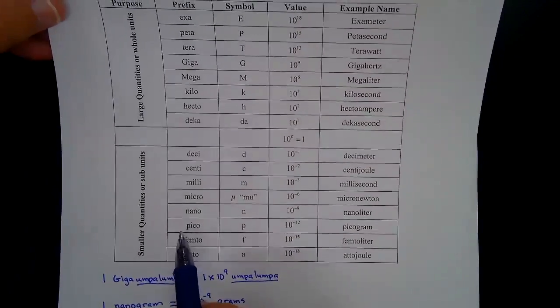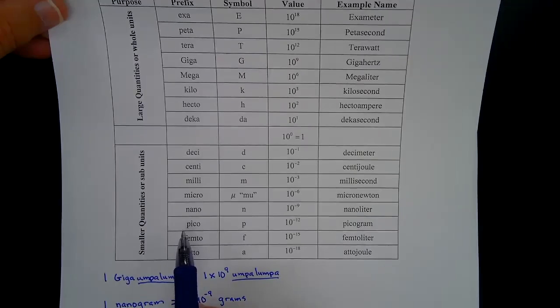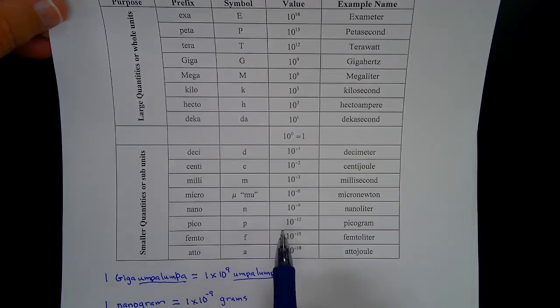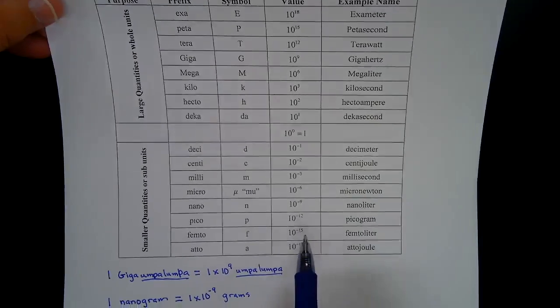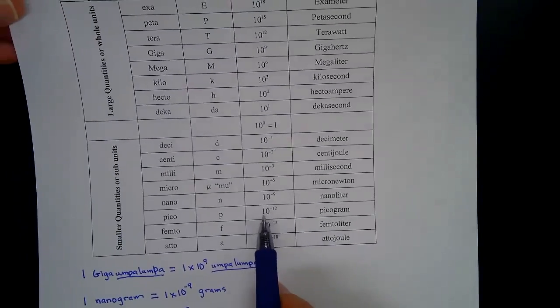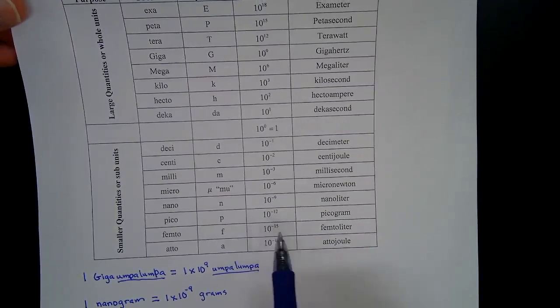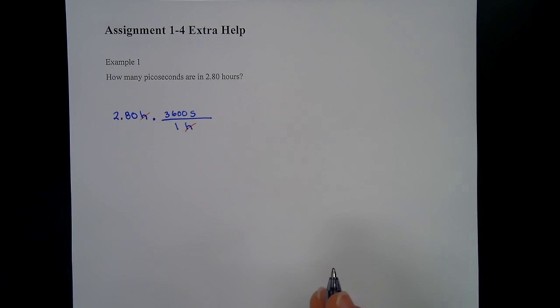From my conversion that I showed you, a picosecond is equal to 1 times 10 to the negative 12 seconds. You could also just write 10 to the negative 12, and you'd be right.